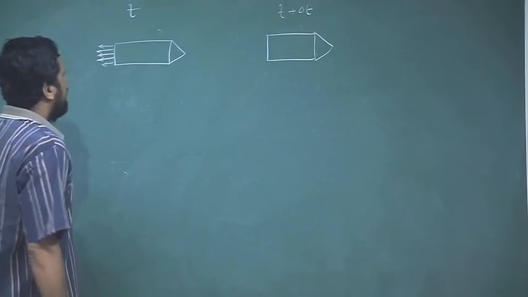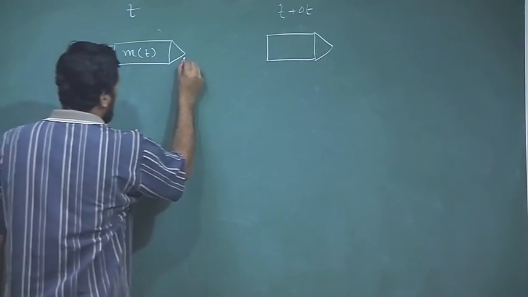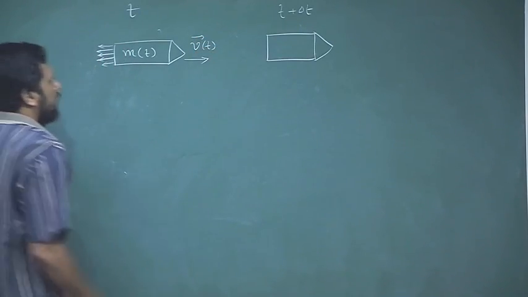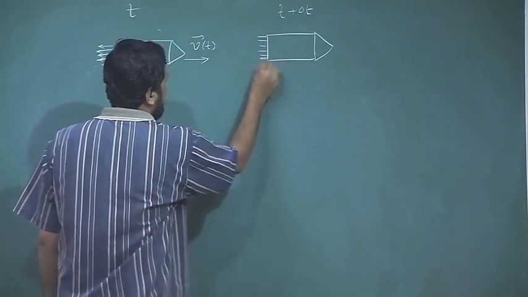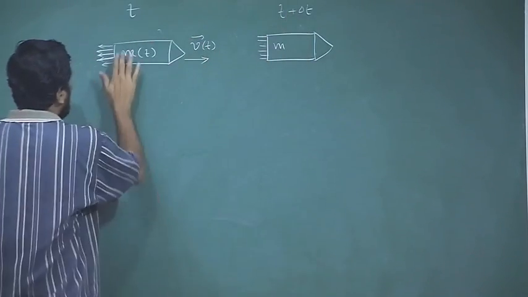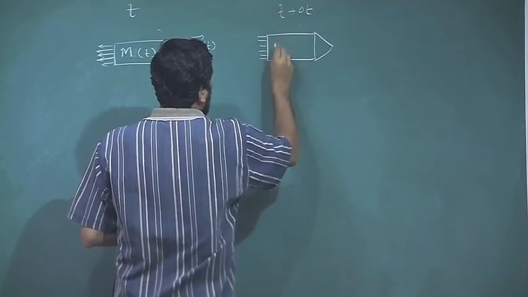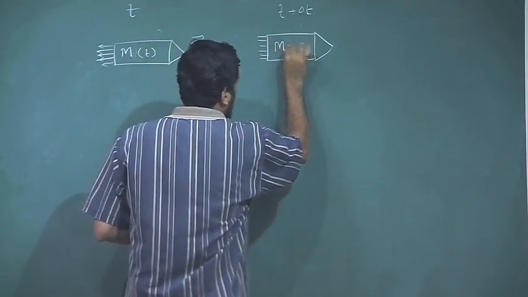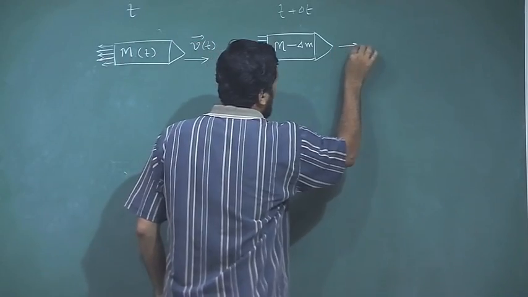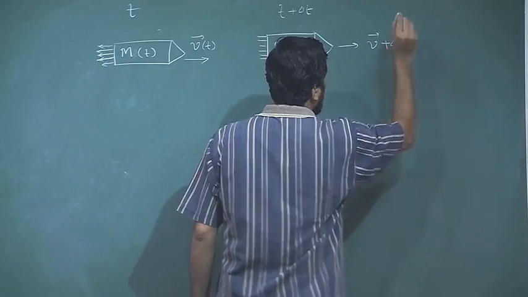At time t we have a rocket of mass M, and the rocket moves in this direction with a velocity v. At time t plus delta t, let us assume that it has lost a mass delta m, so the mass is M minus delta m, and the velocity has gone from v to v plus delta v.